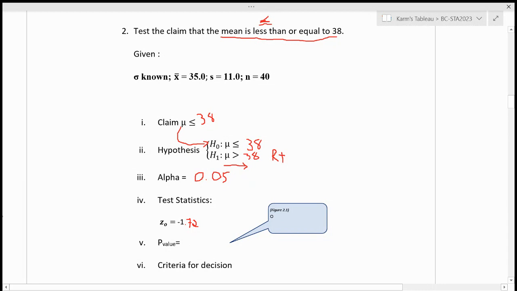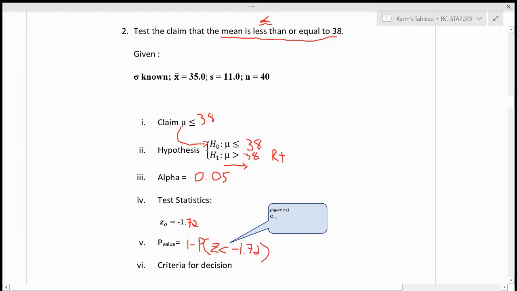Thank you, Nicole. So the p-value will be 1 minus P of Z less than negative 1.72, because this is a right tail.